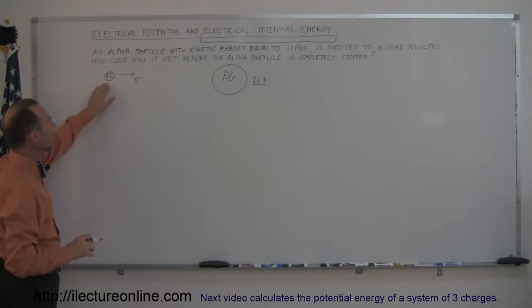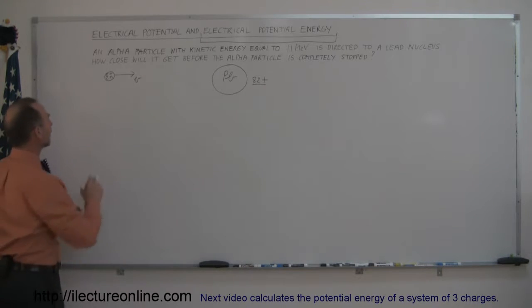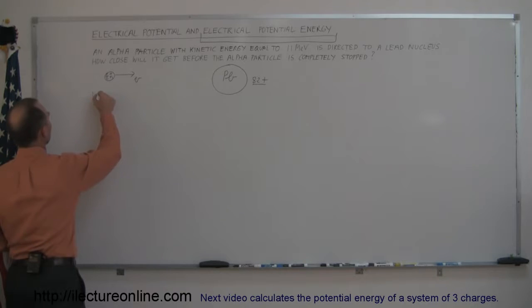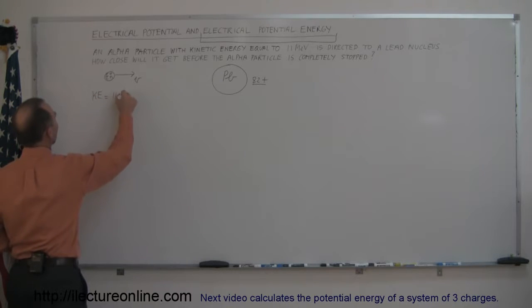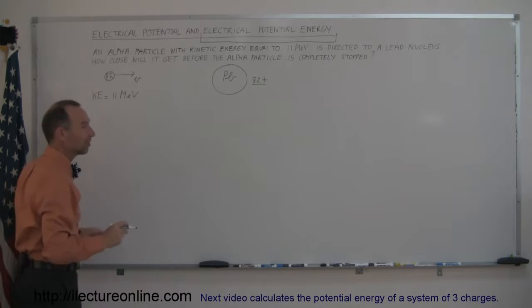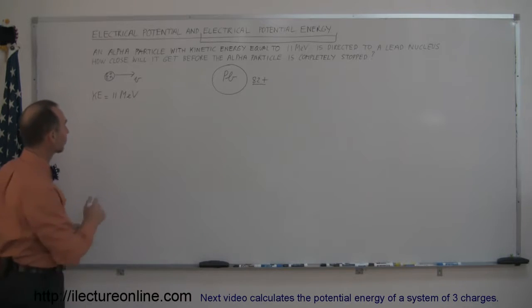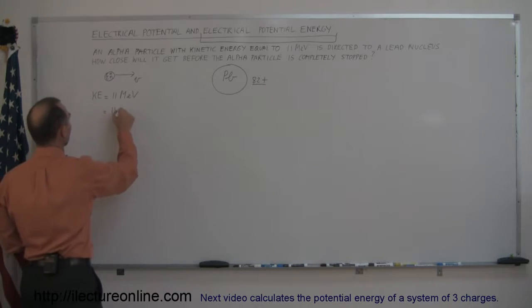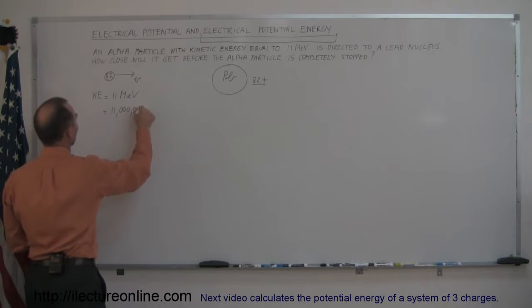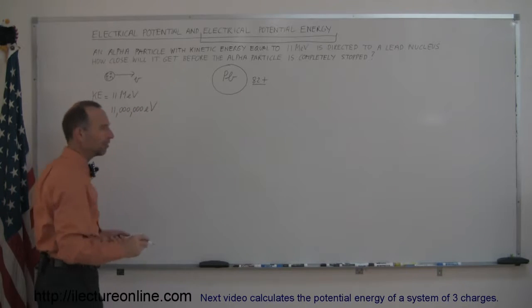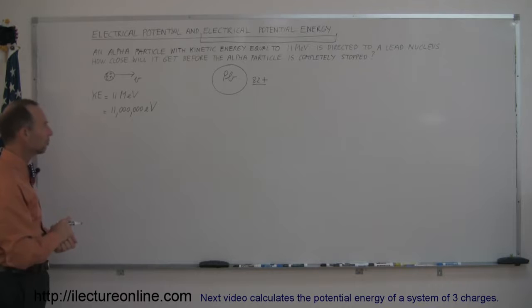Okay, so the alpha particle has a kinetic energy equal to 11 MeV, which is the same as saying 11 million electron volts, 11 with 6 zeros electron volts. So what is an electron volt? It's a unit of energy.